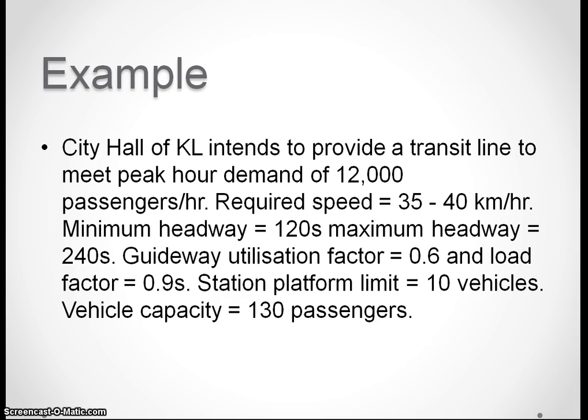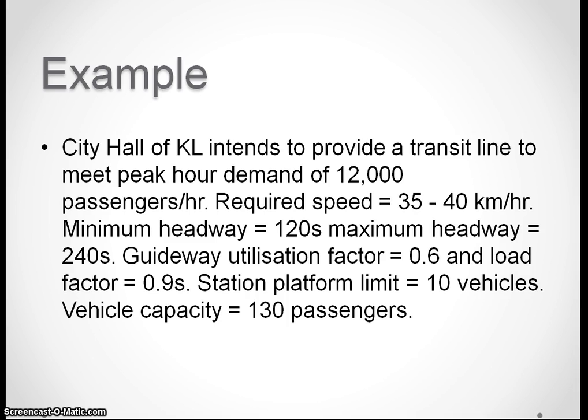This is an example. Let's say City Hall of Kuala Lumpur intends to provide a transit line to meet peak hour demand of 12,000 passengers per hour per direction, and the required speed is between 35 to 40 km per hour. Minimum headway is 120 seconds and maximum headway is 240 seconds.